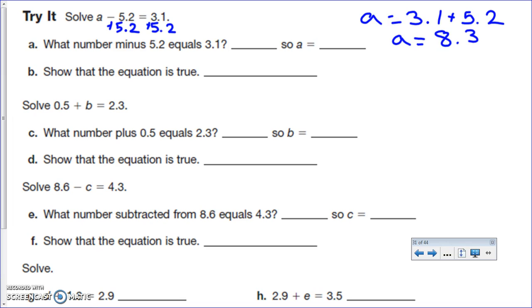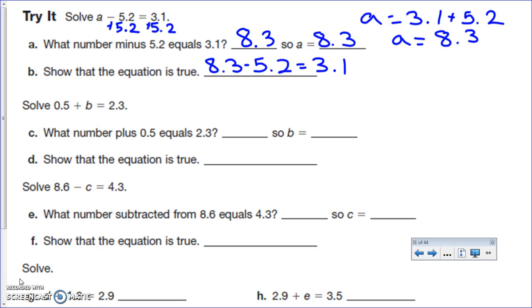So 8 3/10 minus 5 2/10 equals 3 1/10. And then we plug it back into the equation to make sure it works, which it does.